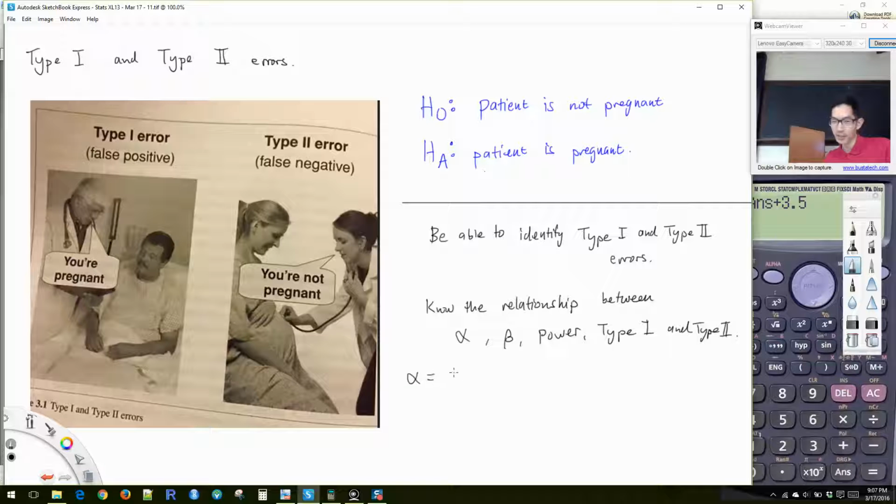So alpha is the probability of what? Type 1 error. So the probability of doing what? Falsely rejecting the null. Beta is the probability of type 2 error.